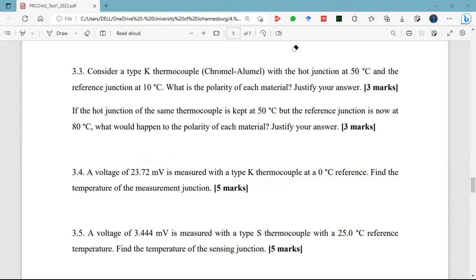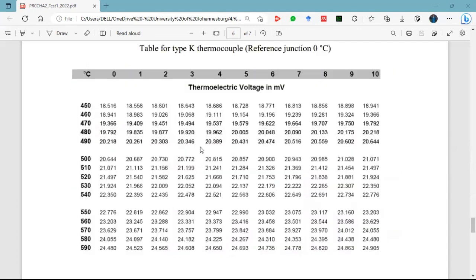On the K-type, we are here, 23.72. We look around to see where you might find it, 23 points, and we find that it's between this one and this one.